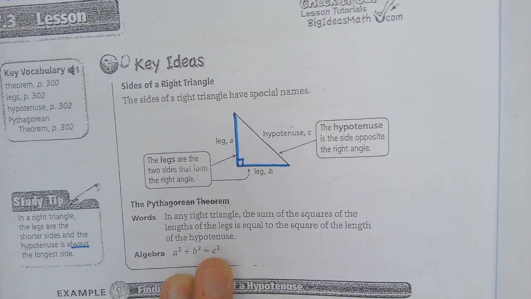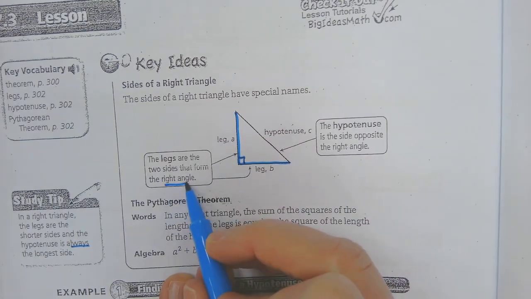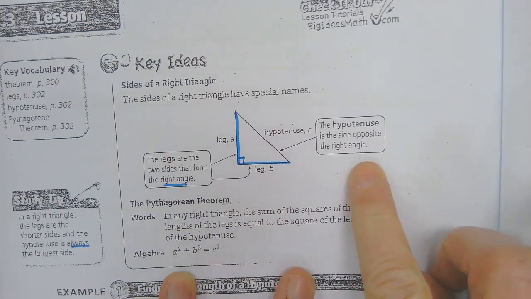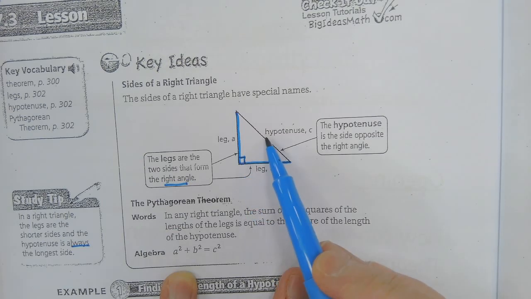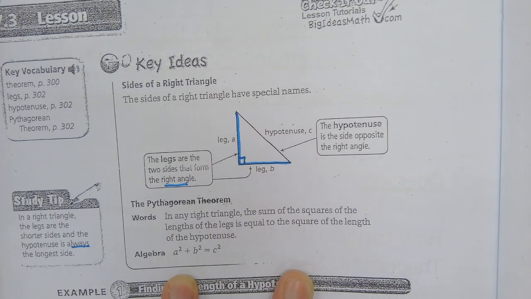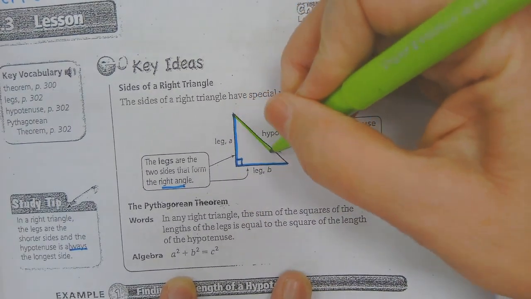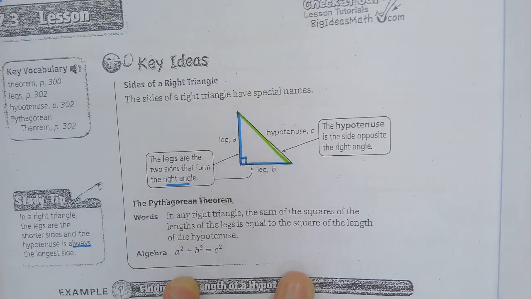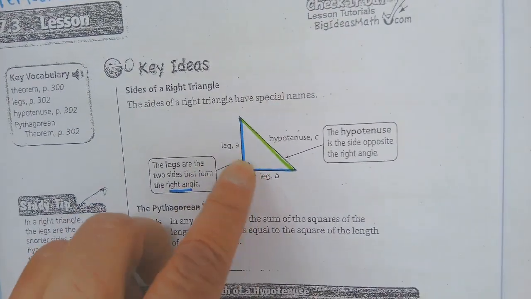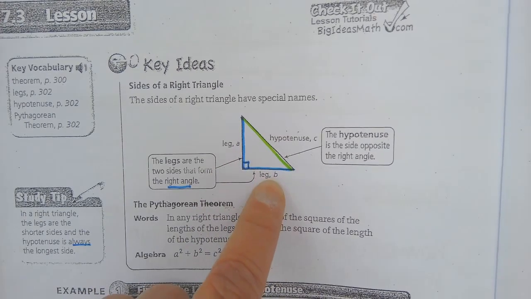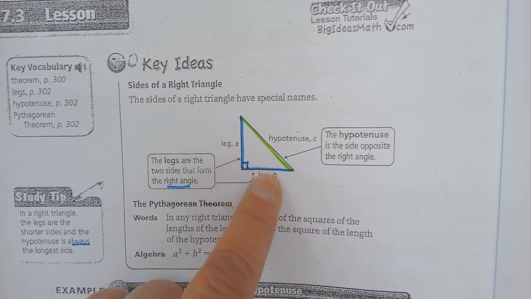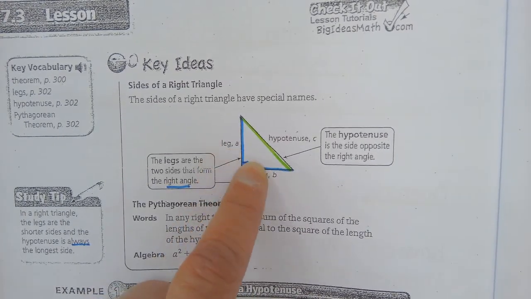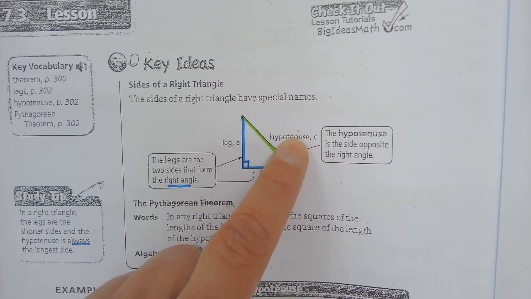The legs are not only the shorter sides, they're also always connected by a right angle.